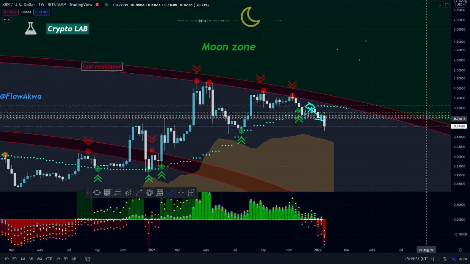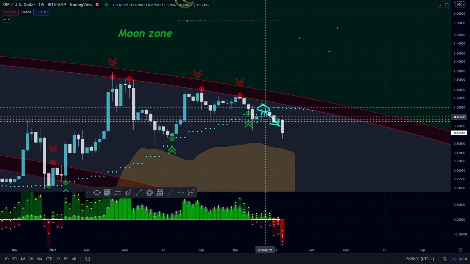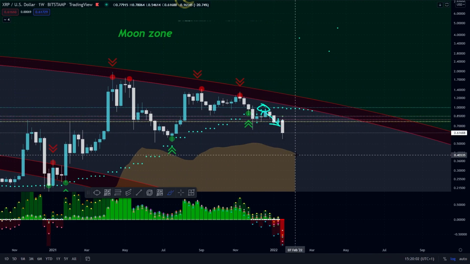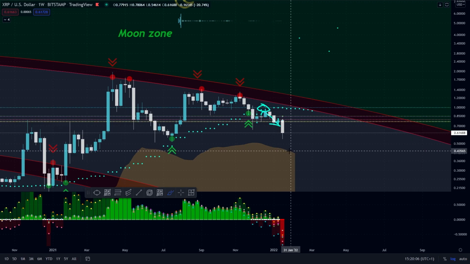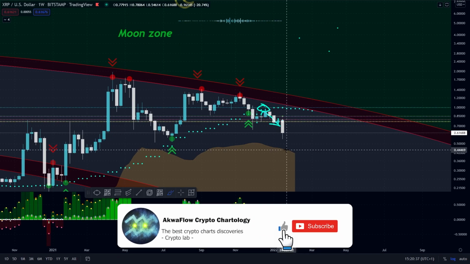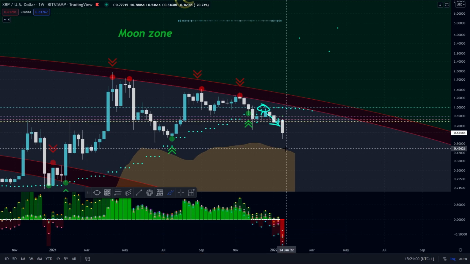And right now we know that if the price goes lower, this price should be a very strong area of support. And next week we know that it will be at $0.44.